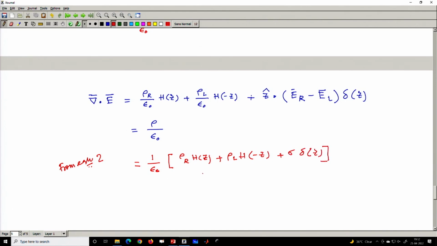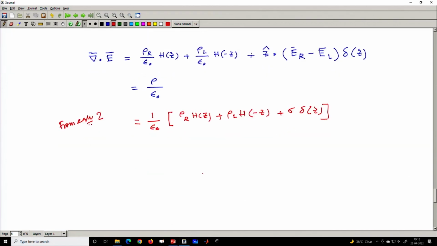So in the left hand side and right hand side, you can see that this rho quantity is going to cancel out.